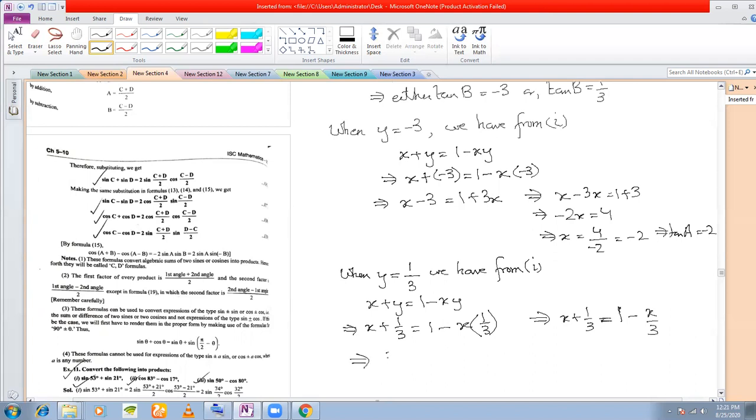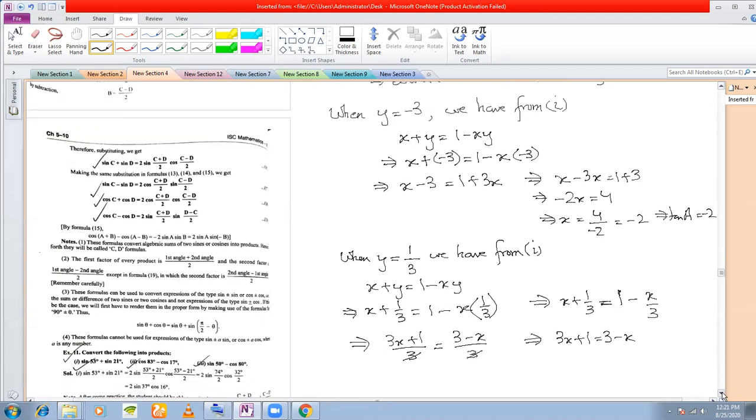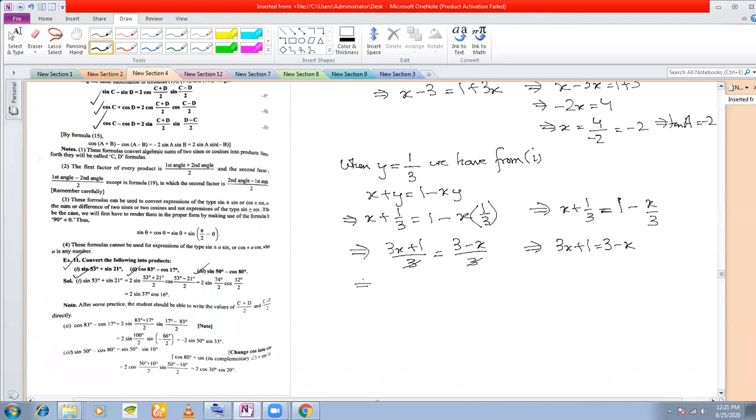I take the LCM, you get 3x plus 1 by 3 is equal to 3 minus x divided by 3. These two cancel. We simply get 3x plus 1 is equal to 3 minus x. We get 3x plus x is equal to 3 minus 1. That means 4x is equal to 2. That means x is equal to 2 by 4, which is equal to half.